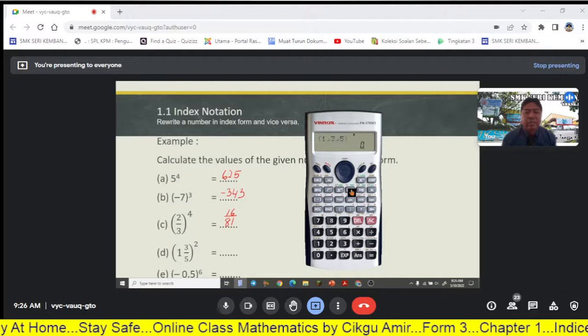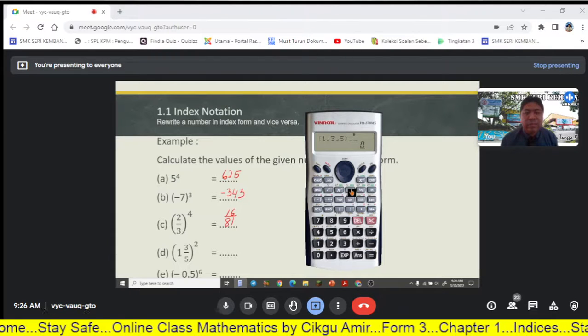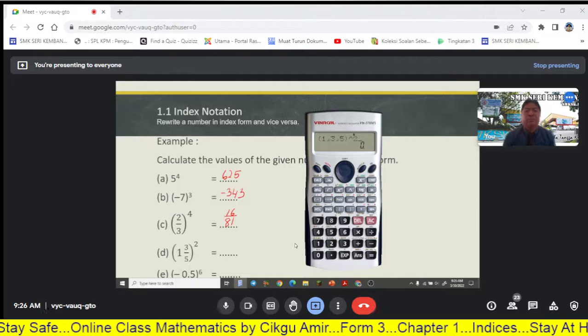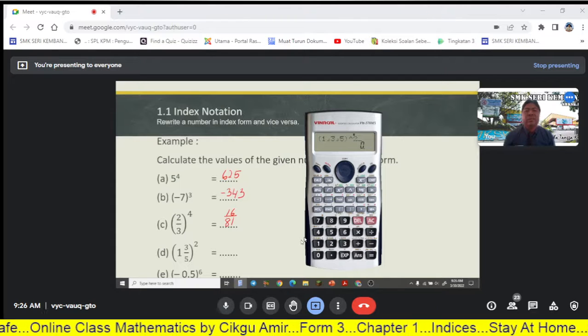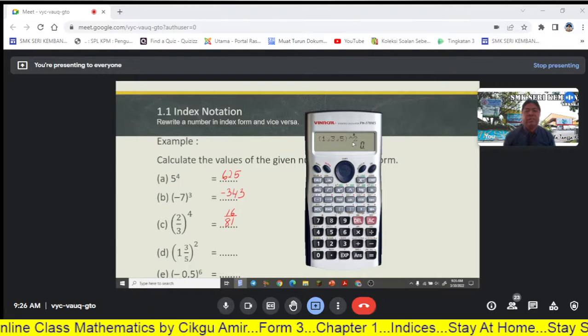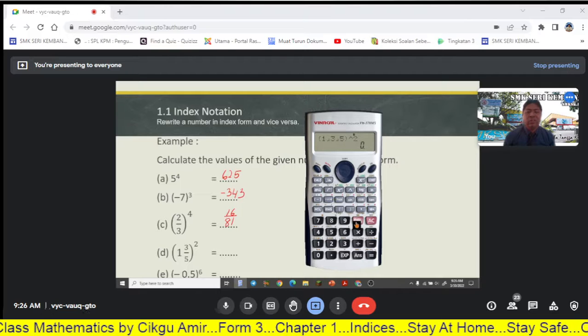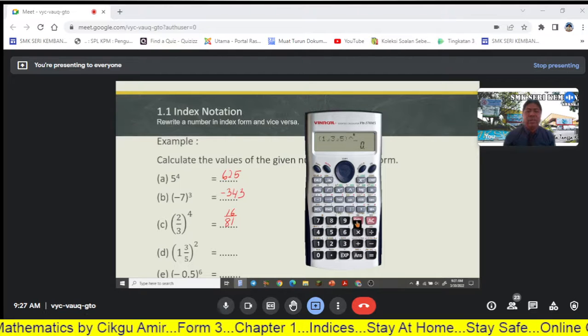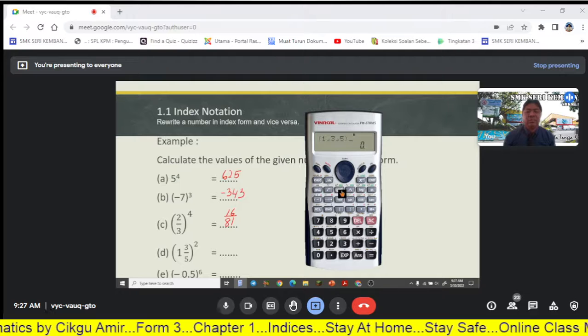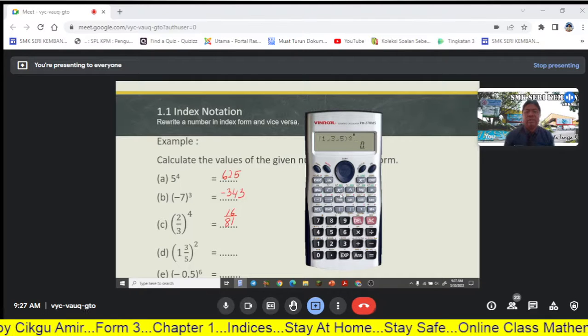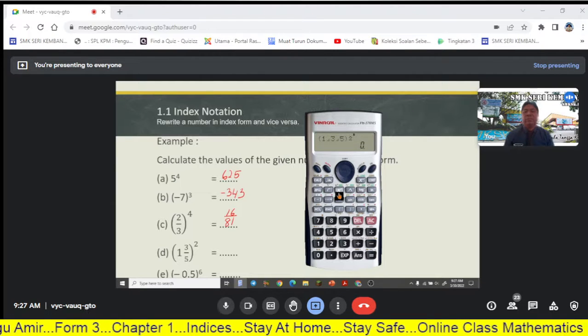You can use the arrow symbol and 2, or you can just use the x square button.